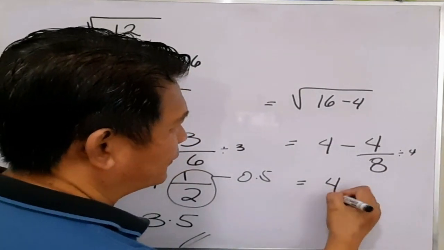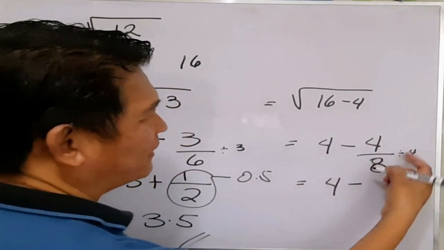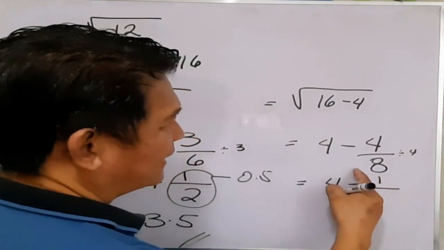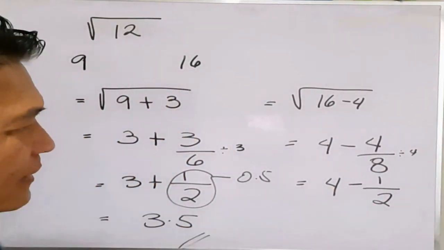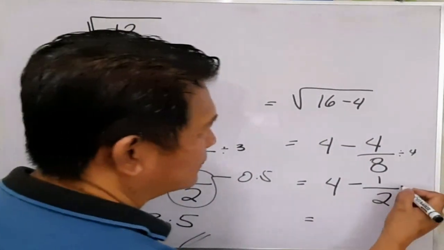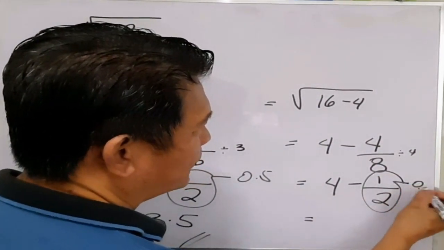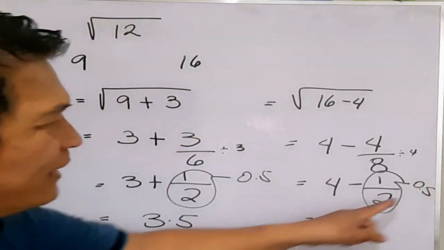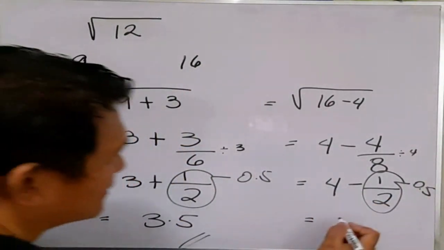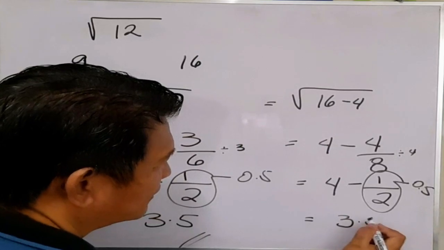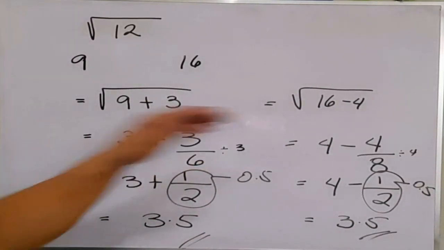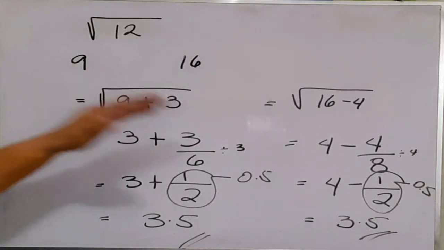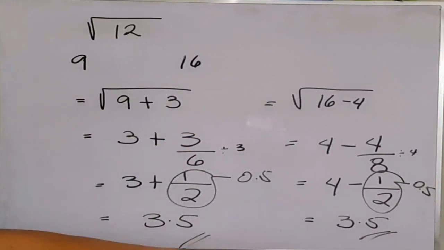That means 4 divided by 4 is 1, and 8 divided by 4 is 2. Again, 1 half is equal to 0.5. 4 minus 0.5 is 3.5. We get the same answer. So whichever is convenient for you, either of the two, you will end up with the same answer.